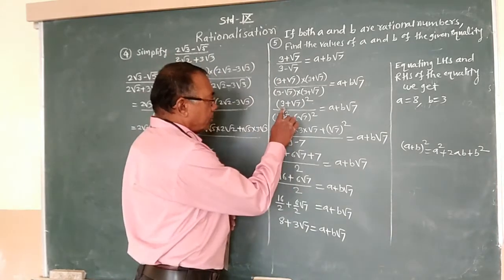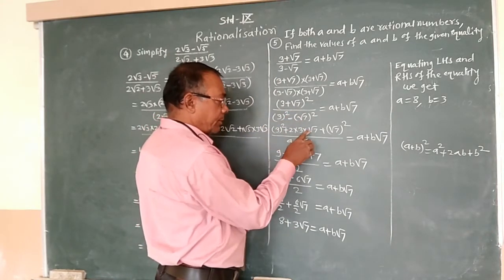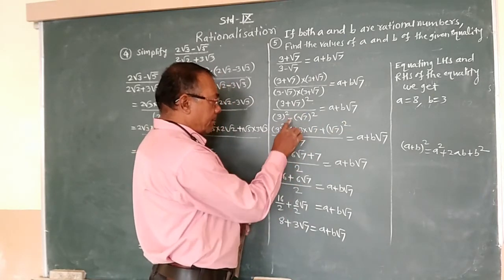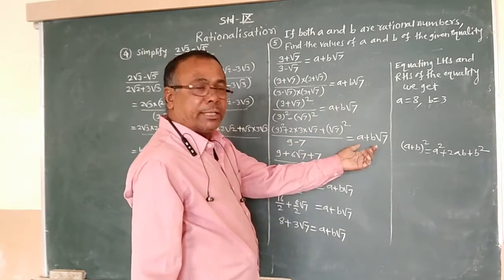Here 3 square plus 2 into 3 into root 7 plus root 7 square, divided by 3 square is 9 minus root 7 square is 7, RHS as it is.